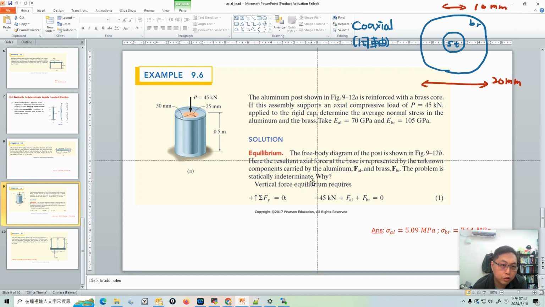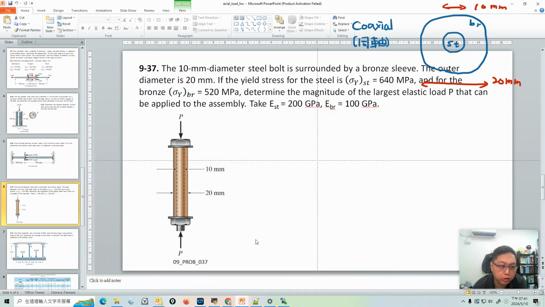This problem is related to statically indeterminate structures. So we have a coaxial structure, and we apply an external load P to it.